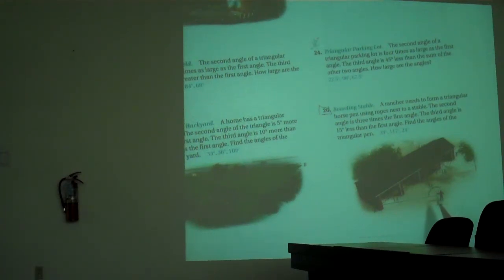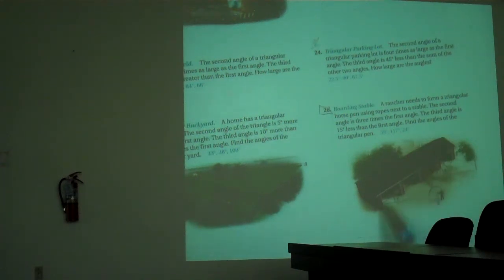It says the second angle is 3 times the first angle. They put an X here, so this is our first angle. Our second angle, they have right here. They have 3x already. And then it says the third angle is 15 less than the first. They went ahead and put that here, x minus 15.